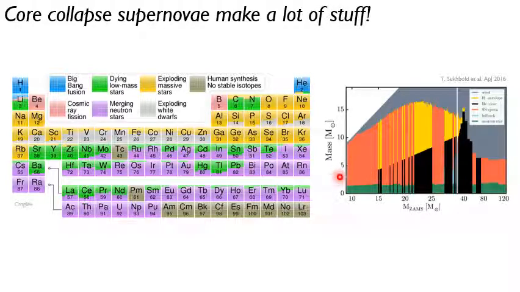So what we're looking at on the right is a plot of the mass left behind at the end stages of stellar evolution versus the initial mass. And in this diagram, the orange is the amount of mass that is thrown out into the universe from the supernova explosion. The gray is from stellar winds that we talked about in low mass stellar evolution, and all the other colors just mean the stuff wasn't ejected.